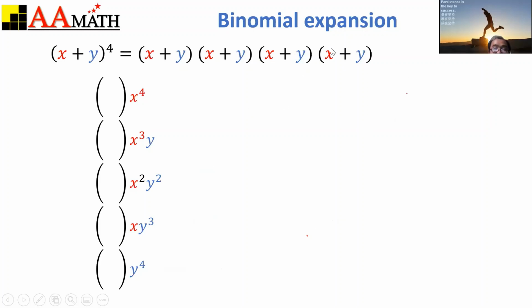This basically is 4 choose 0, 4 choose 1, 4 choose 2, 4 choose 3, and 4 choose 4, right? So we can find this expansion equal to 1x to the power 4. So this gives you 1.